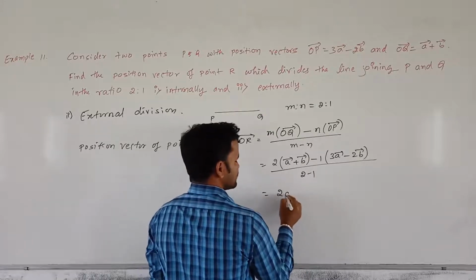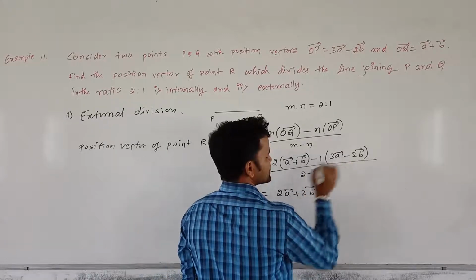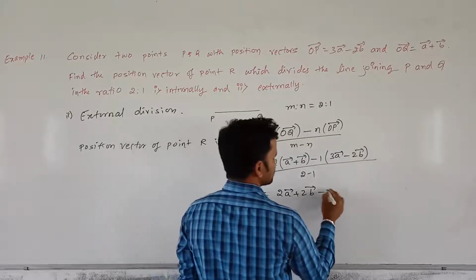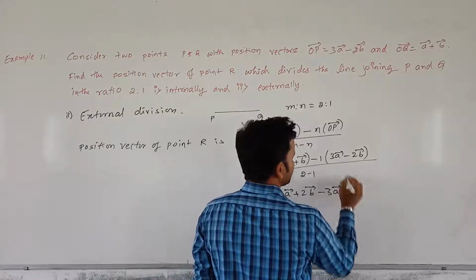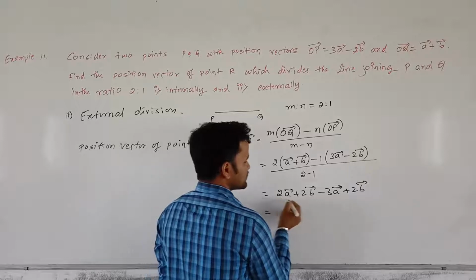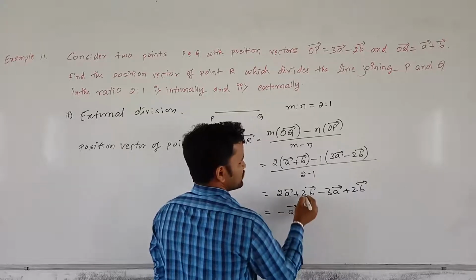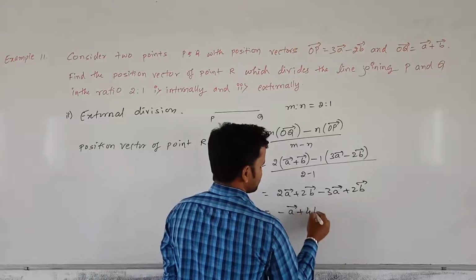Numerator part is 2 into vector A plus 2 into vector B, minus 1 will get multiplied with these two: minus 3 into vector A, minus minus plus 2 into vector B. This is plus 2A minus 3A is minus A, 2B plus 2B is 4B.